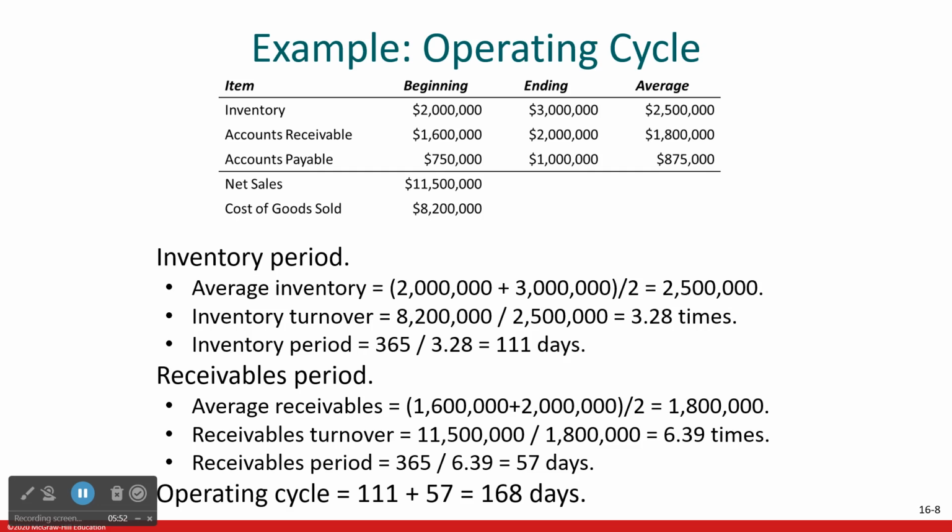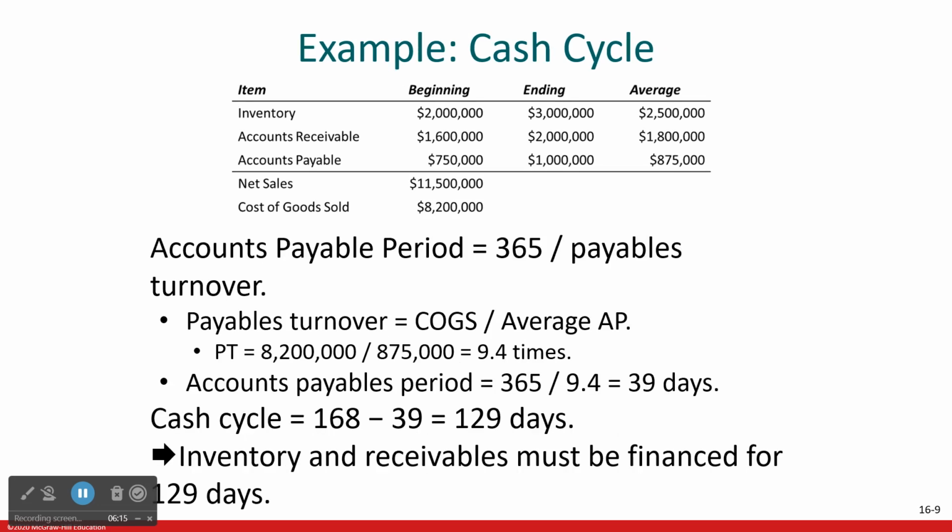That's almost 6 months. And so that is a tremendous amount of time. There are a lot of bills that have to be paid by the business between those time periods. And so making sure that we have sufficient cash flow is part of the important treasury function of the business.